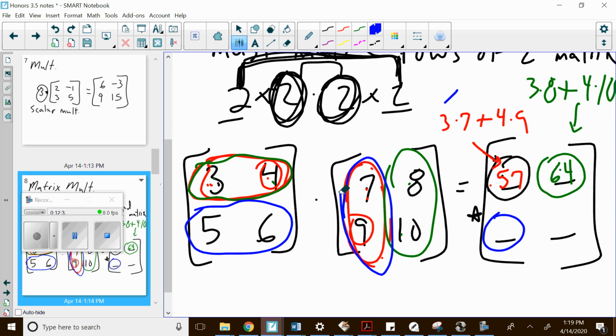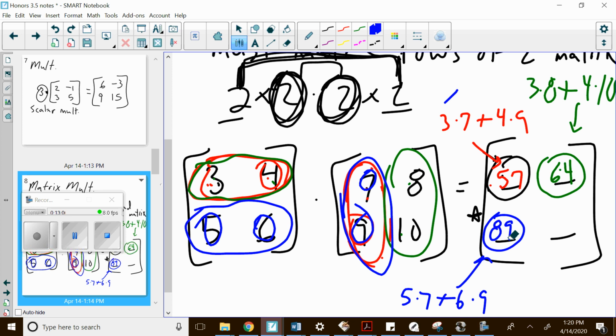Okay, and what that would look like is 5 times 7, and then you would add it to 6 times 9. Okay, notice first element, first element, second element, second element. That's why they're paired together. 35 plus 54, 89. 89 goes there.